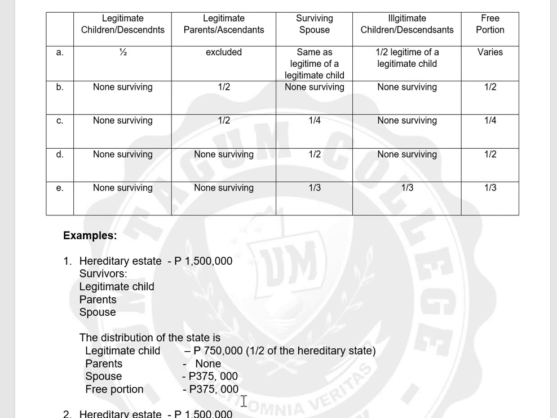So, wala nang free portion. But kasi dapat may free portion. So, as a rule, basta isa lang yung anak, yung share ng legitimate child na 750, half lang ang mapunta kay spouse, saka half kay free portion. Okay, so I hope I made it clear.